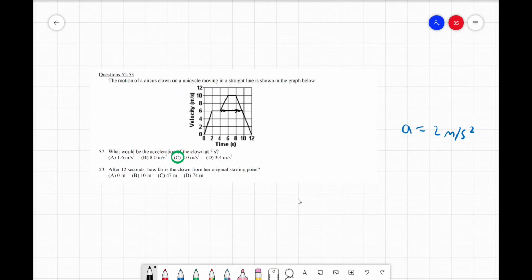Now, let us try to find the area of this bottom trapezoid, shaded in pink. The formula for the area of the trapezoid is equal to 1/2 times the sum of the 2 parallel sides times the height.